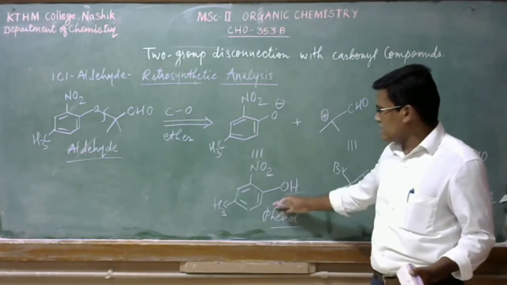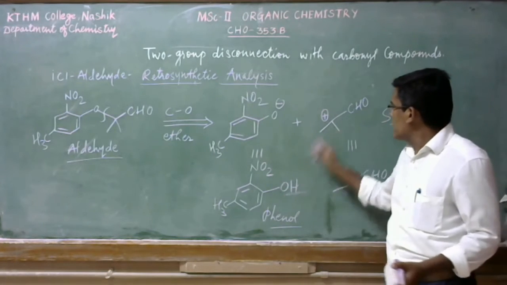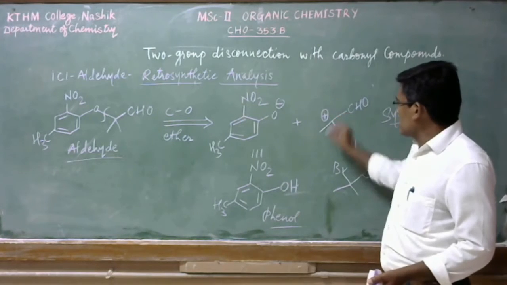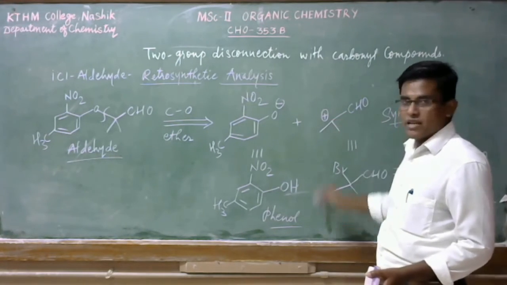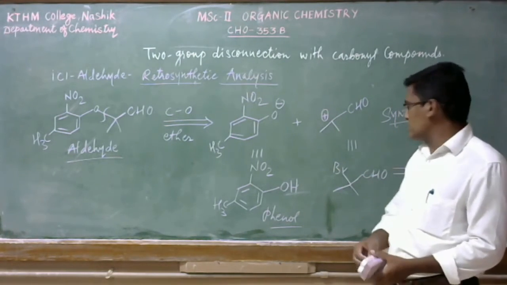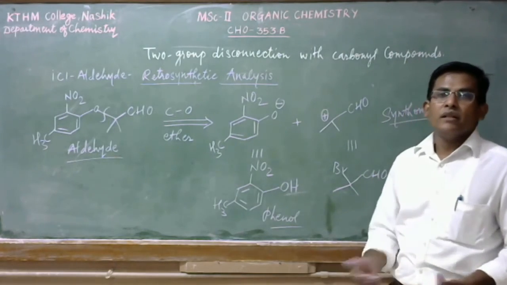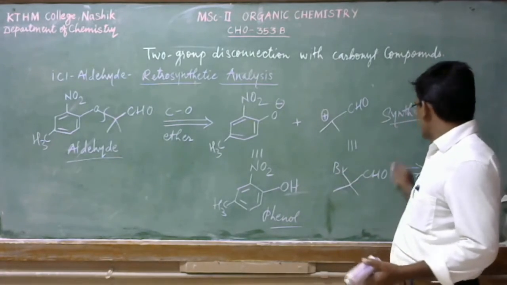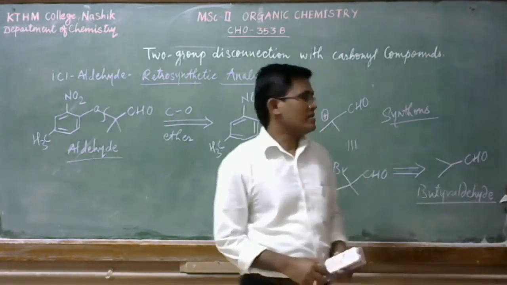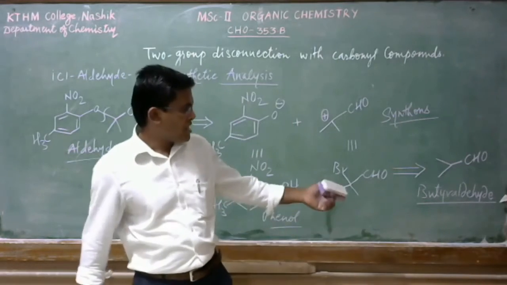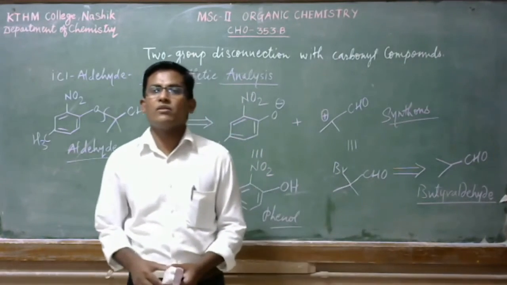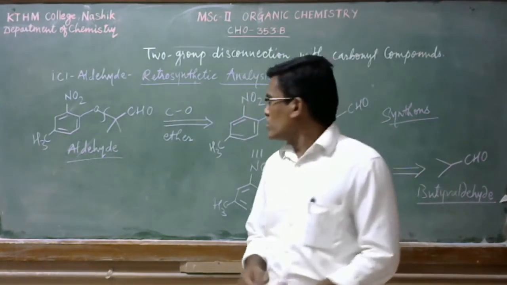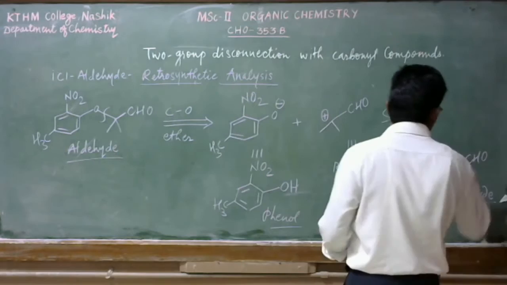This synthon can be translated to its corresponding phenol, and this synthon can be translated to bromocarbonyl, and this bromo compound can be prepared by using butyraldehyde. Okay, so we can generate this halo compound from a carbonyl compound. So let us have its synthesis.